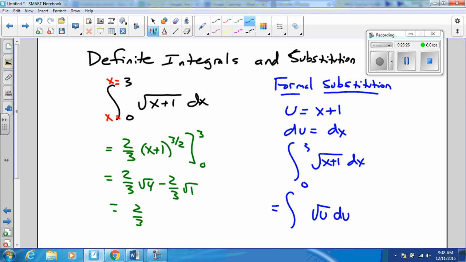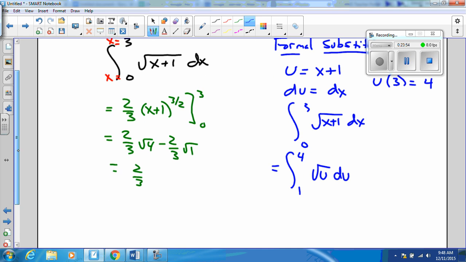But the other piece of it is that I need to also replace x values here with corresponding u values right here. And they're easy to compute. Since u is equal to x plus 1, I can evaluate u when x is equal to 0, and when x is equal to 3, so that I get an integral from u equals 1 to u equals 4 of root u du.